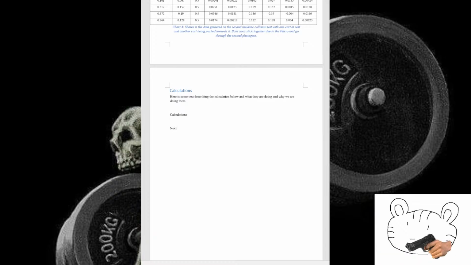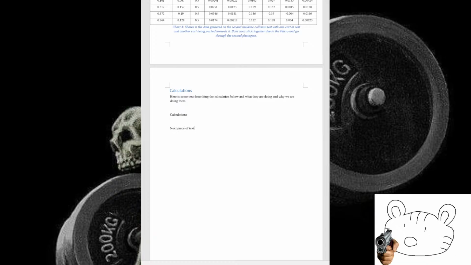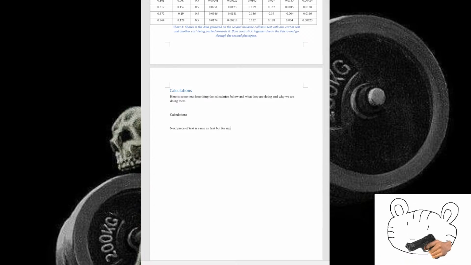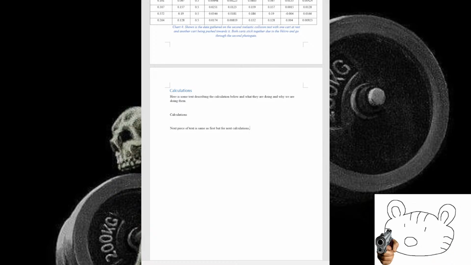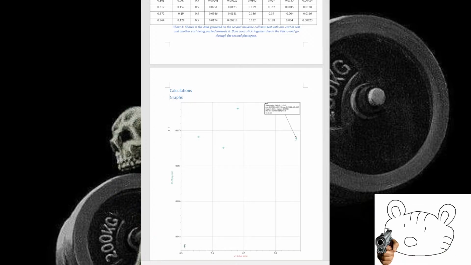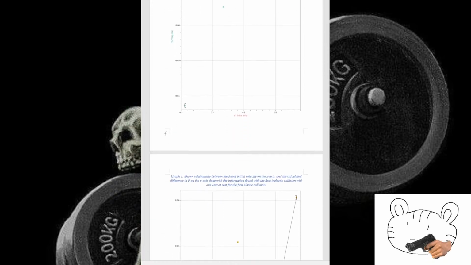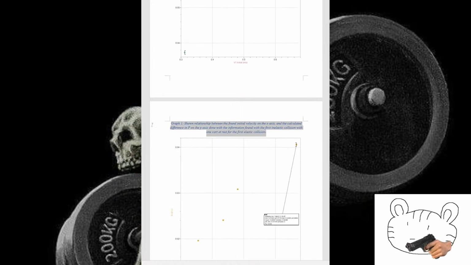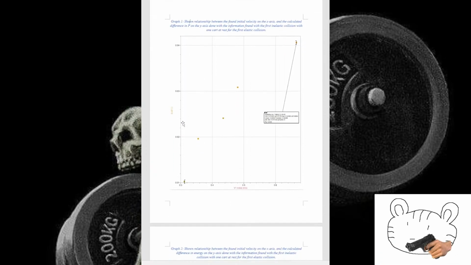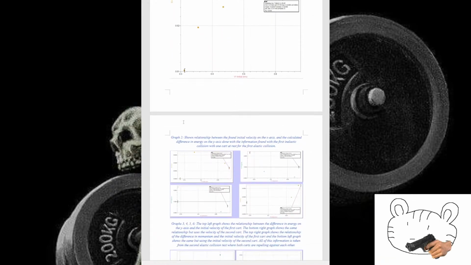Next piece of text is the same as the first, but for the next calculations. And then you keep doing that for every calculation. Of course, for me, the calculations in this lab, there's not many. Graphs, again, you should always have a figure for your graph, with a description of what it is. Always good to have.